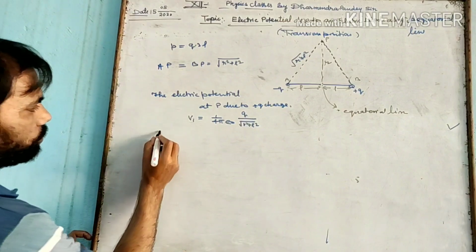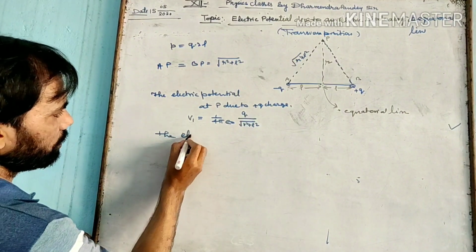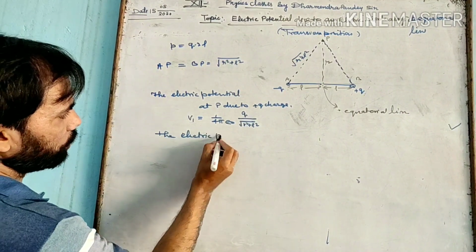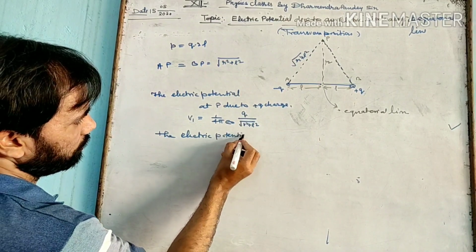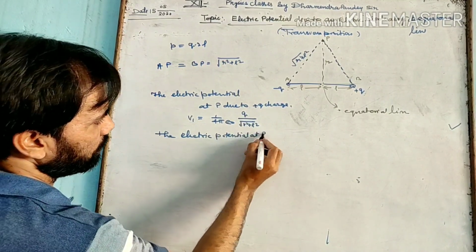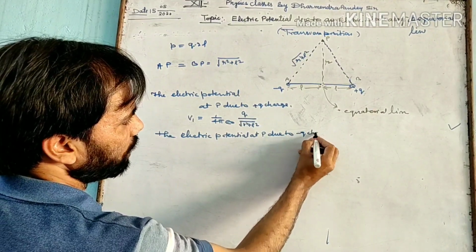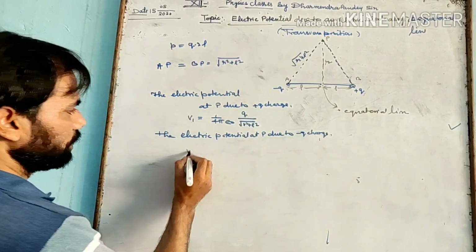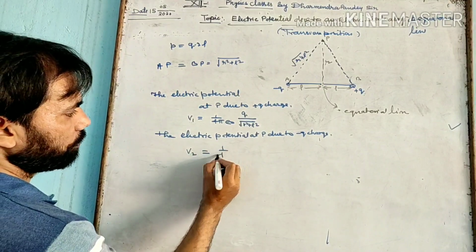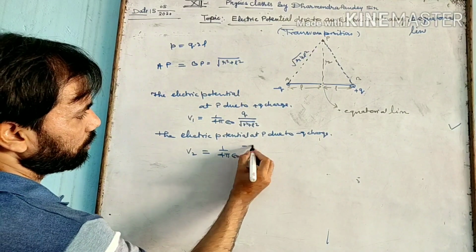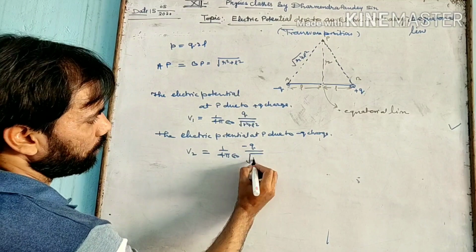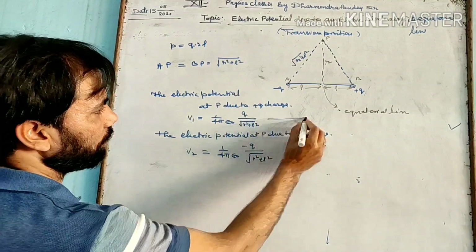And now the electric potential at P due to minus Q point charge, let this be V2 equal to 1 upon 4 pi epsilon 0 minus Q upon under root r square plus L square.